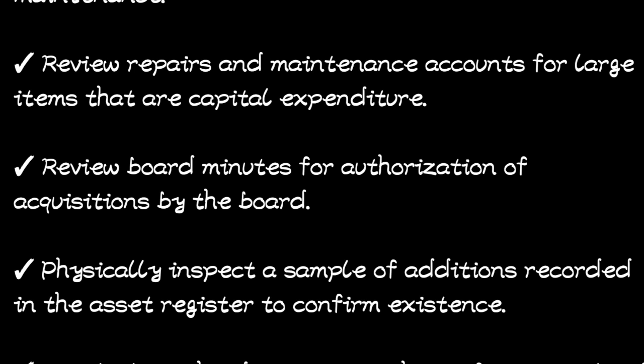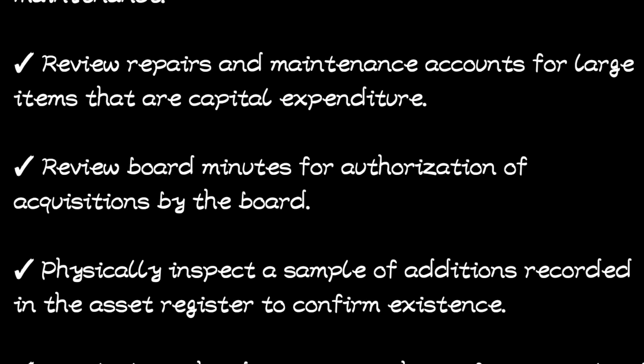Then another substantive procedure is you can review a list of additions that were made during that year to confirm if they are capital expenditure rather than repairs and maintenance. So you have to confirm if they are capital expenditure and not repairs and maintenance, because those two can be confused.